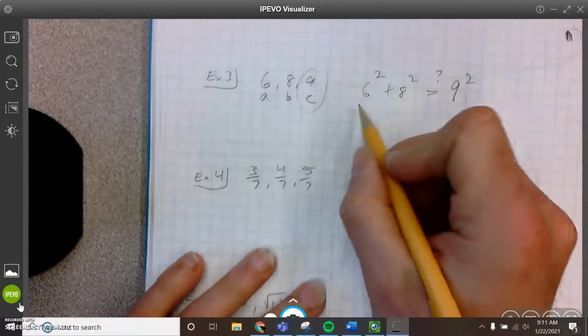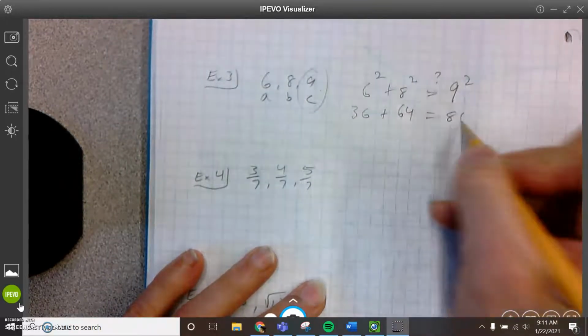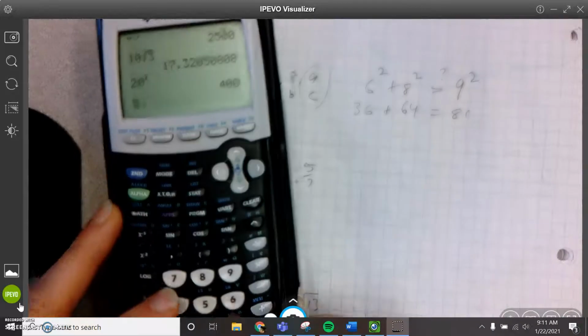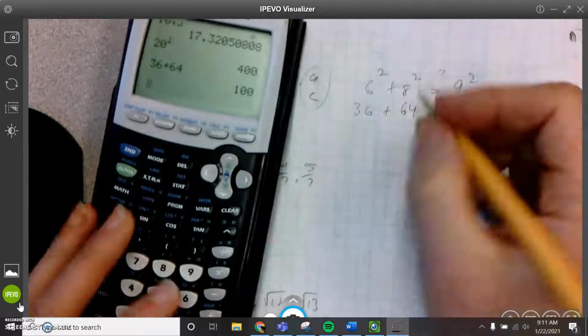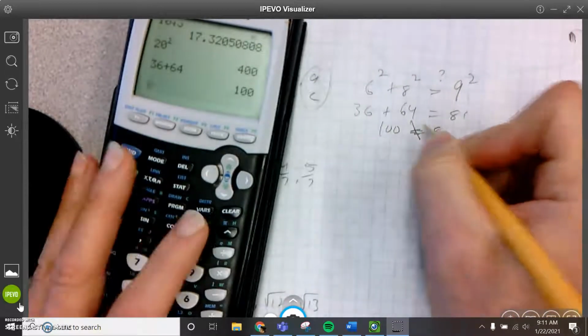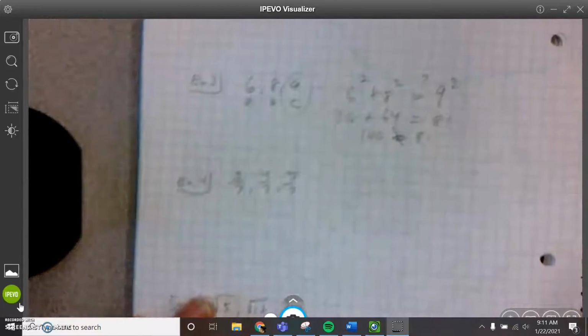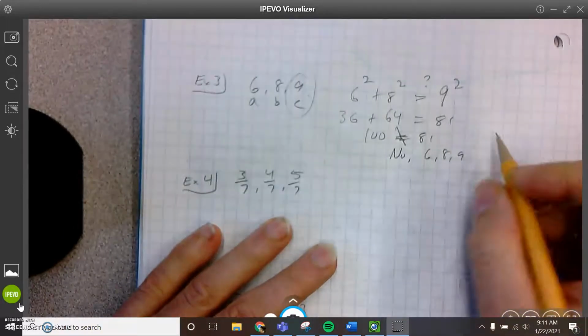I don't know. 36 plus 8 squared is 64 equals 81. 36 plus 64 is 100. Uh-oh. And does not equal. So 100 does not equal 81. So no, 6, 8, and 9.